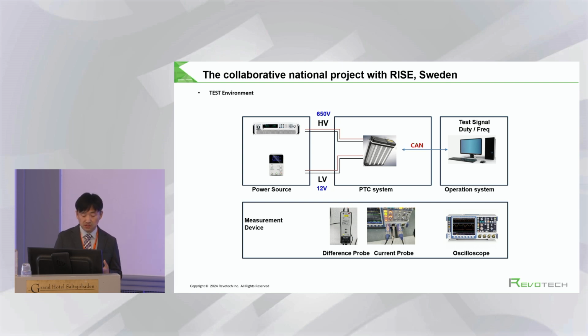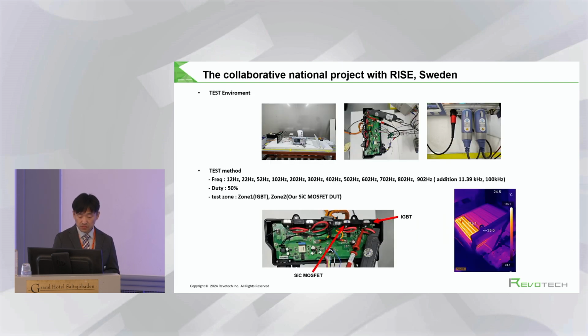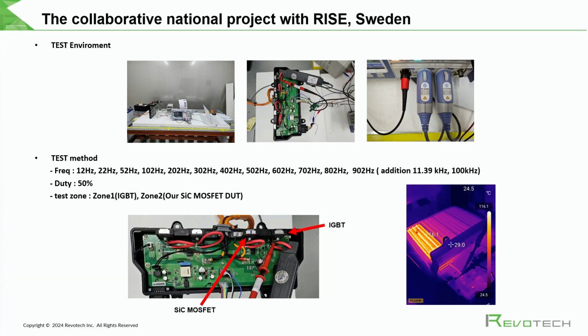Additionally, we assessed the inrush of both IGBT and SiC MOSFET while varying the frequency. As seen, tests were conducted for each frequency range. This video is an actual operation of the PTC heater. We used a thermal imaging camera.